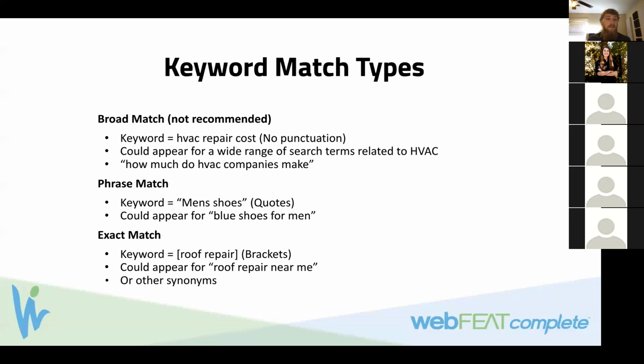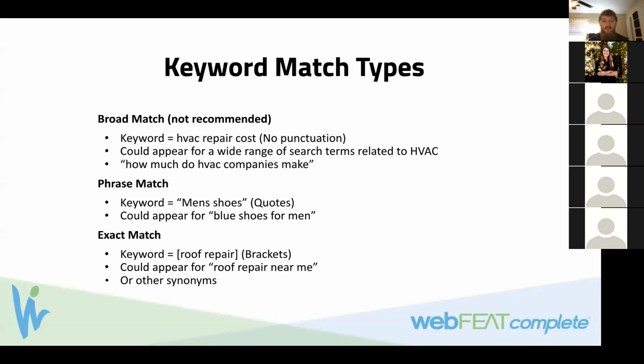What we do recommend is using match types such as phrase match and exact match, which make sure your ads appear in the search results and across the web for searches that are more relevant to the actual keyword you're trying to bid on. For example, if it's a phrase match keyword and you're bidding on the word men's shoes, your ad might appear for something like blue shoes for men.